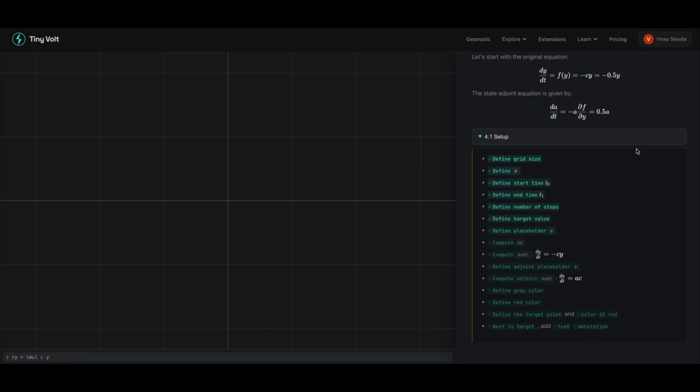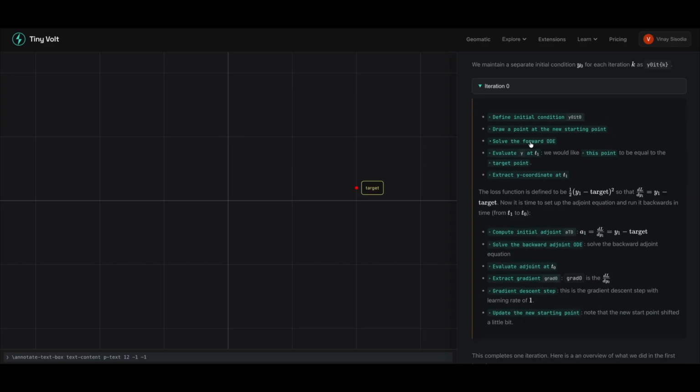So this is my annotation, and this is my forward trajectory. So what I'll do now is I calculate the gradient with respect to this point, the endpoint, and then I solve this backward adjoint ODE, which is nothing but this trajectory, and then I calculate what this endpoint here is.